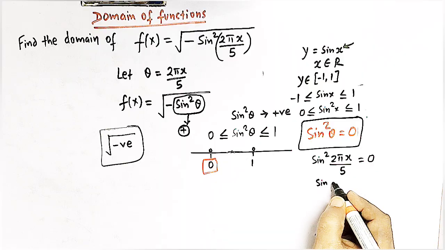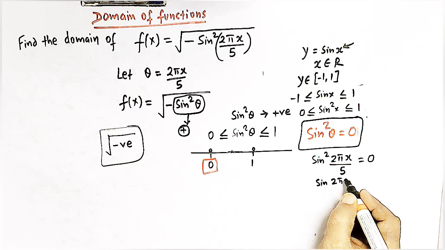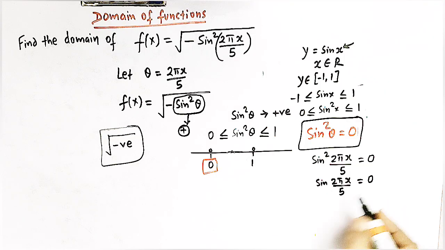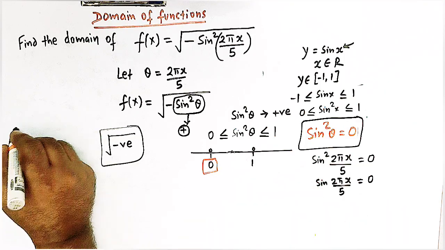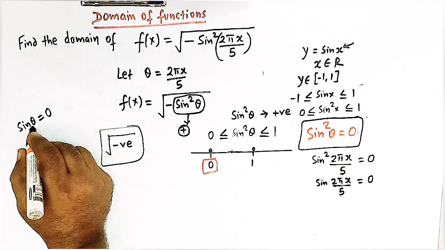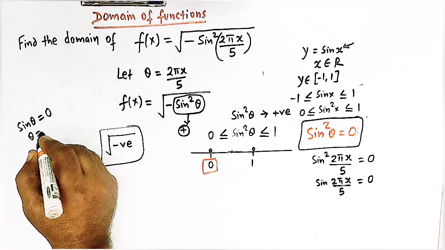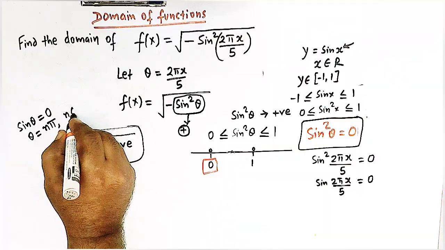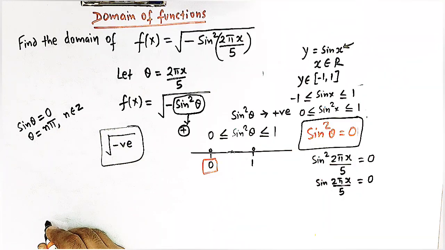Sine square 2 pi x over 5 is equal to 0 implies that sine 2 pi x over 5 is equal to 0, and the solution of the equation sine theta is equal to 0 is given by theta is equal to n pi, where n belongs to the set of integers, right?